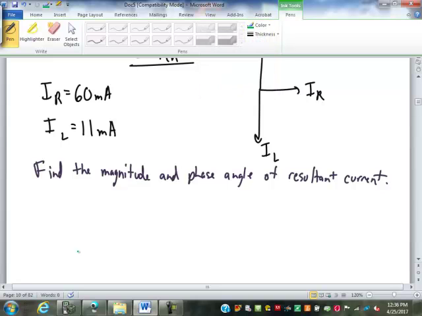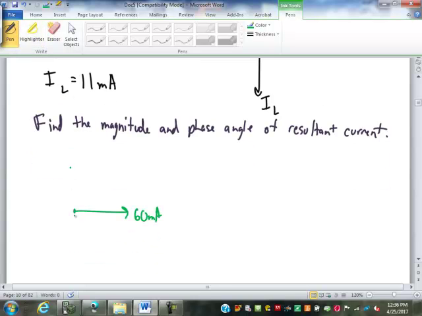What you have here is the current through the resistor is going to be this way, 60 milliamps. Current through the inductor is going to be this way, 11 milliamps. Oops, wrong way. Inductor goes down, doesn't it? So the inductor will be this way, 11 milliamps.